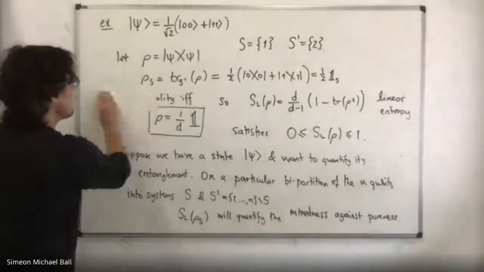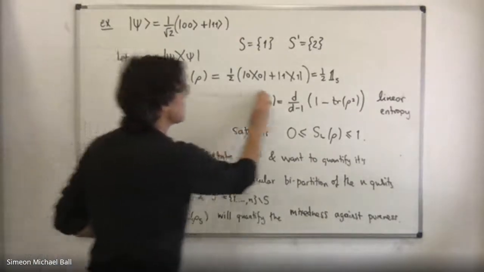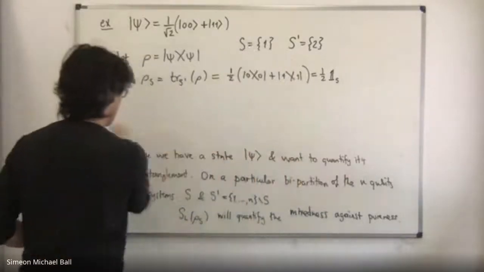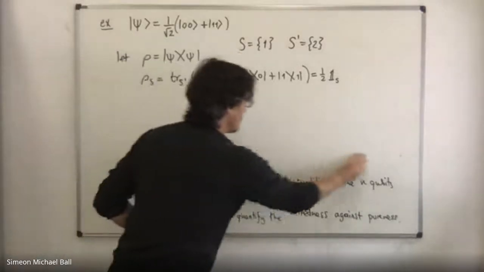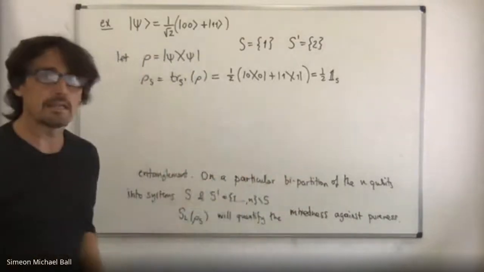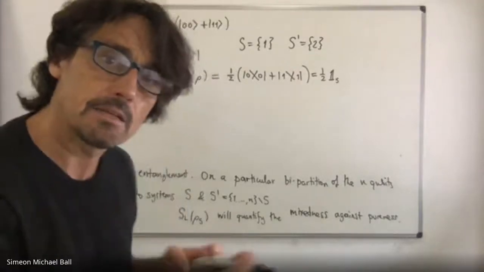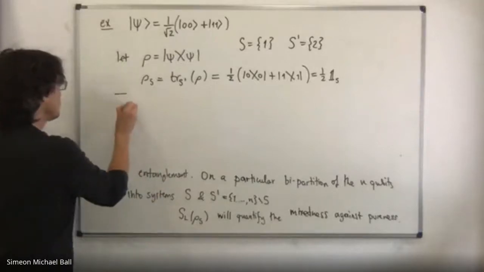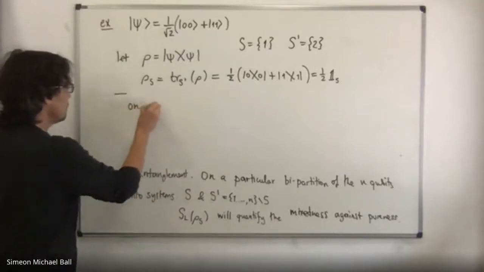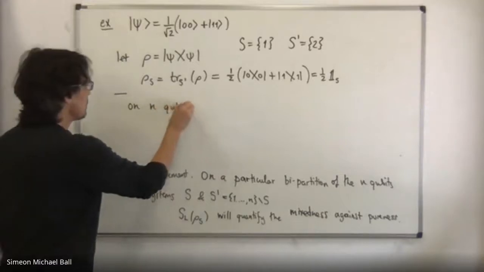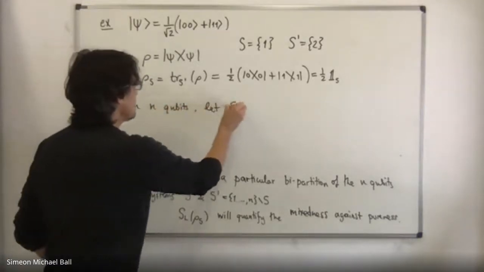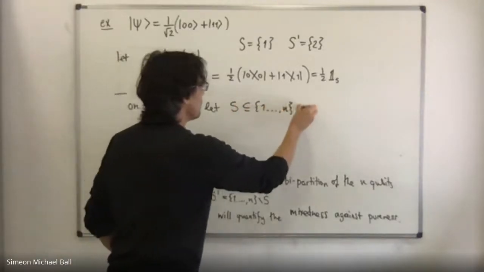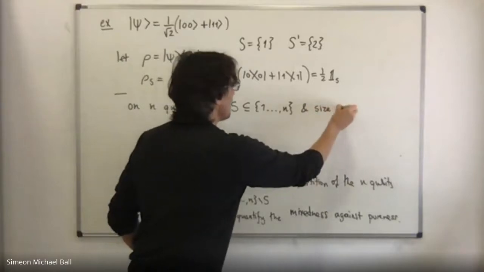Well, in general, on a system of n qubits, we could take S and S prime to be any partition of the n qubits. So suppose on n qubits, with S a subset of size m.